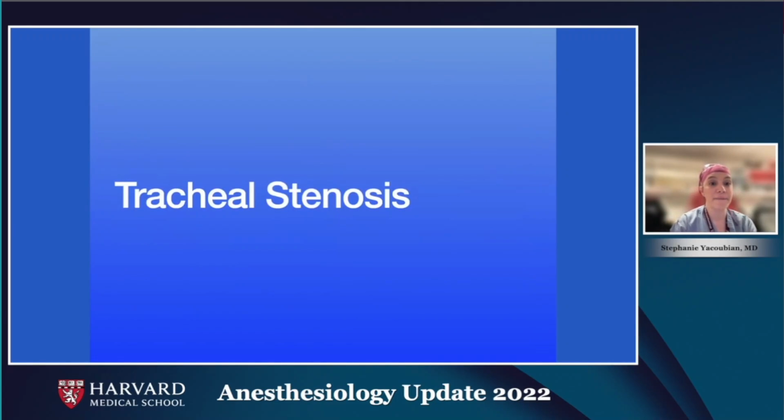Now, we'll move on to tracheal stenosis. We have had a lot of patients coming in, especially in the setting of the pandemic, who have been intubated for prolonged periods of time and are now coming to our operating rooms with tracheal stenosis. I think tracheal stenosis is probably one of the most difficult airway emergencies to deal with.